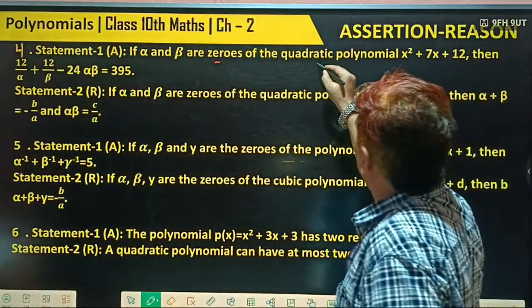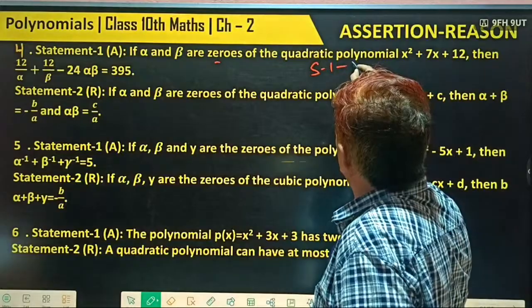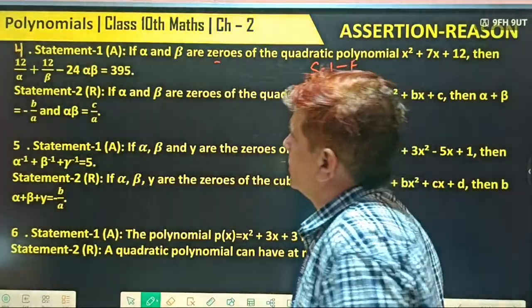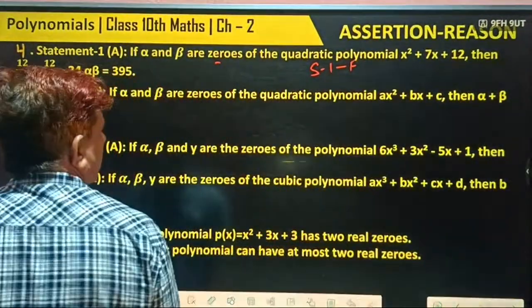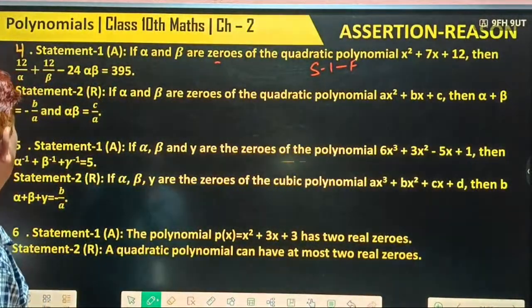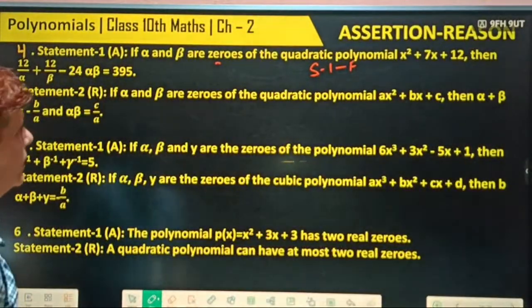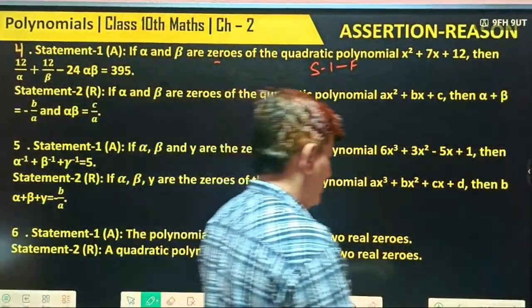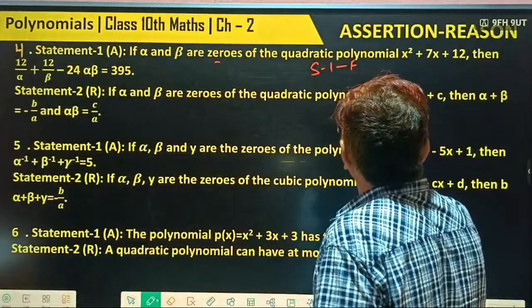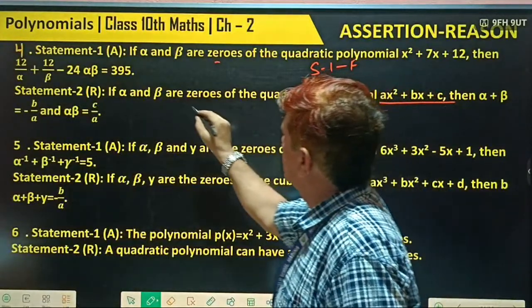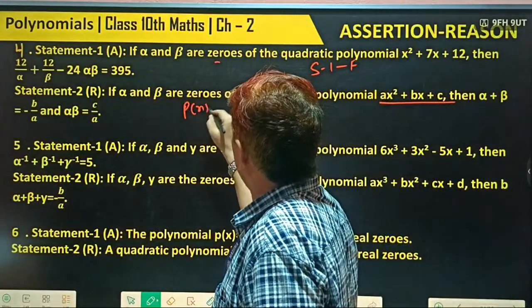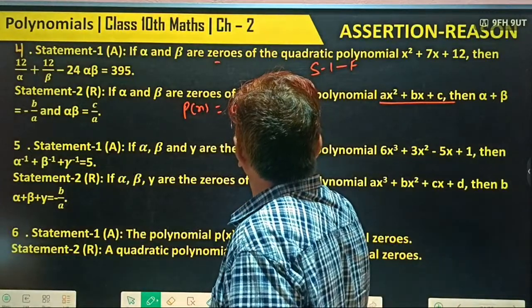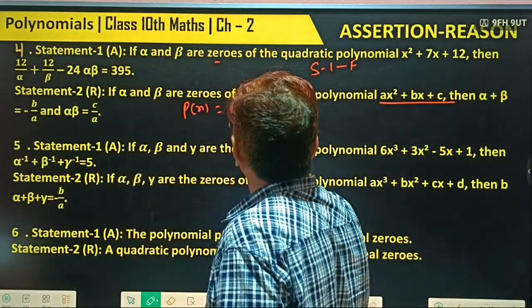Statement 1 is false. If alpha, beta are the zeros of quadratic polynomial, then, so this is the quadratic polynomial. Here I can write quadratic polynomial Px is equal to ax square plus bx plus c.